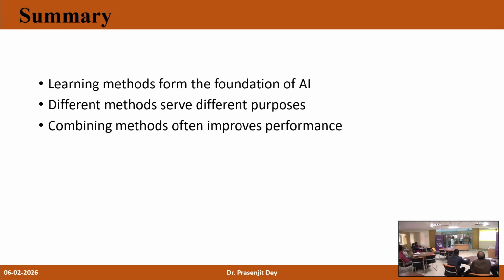So summary of this class: learning methods form the foundation of AI. Broadly there were 6 types of methods to learn, which can be combined to solve complex problems. Different methods serve different purposes, which we have discussed categorically.